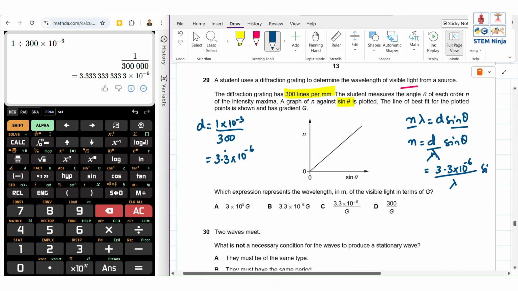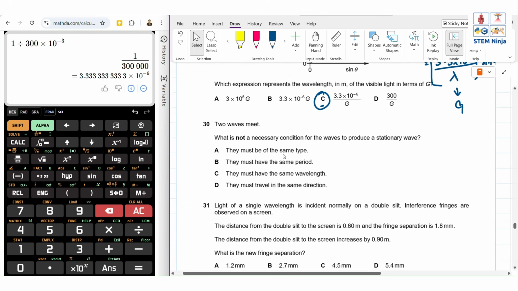So this is the sine theta. Okay, so this is our gradient. So G is equal to basically this thing. So lambda would be 3.3 times 10 raised to power minus 6 divided by G. C is the right answer. Simple rearranging of the formula.